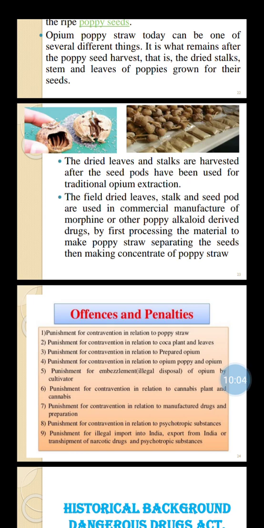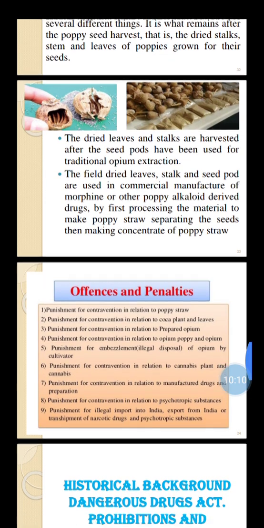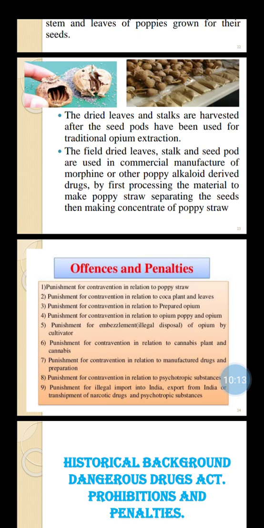Then punishment for embezzlement, illegal disposal of opium by cultivators. Punishment for contravention in relation to the cannabis plant and cannabis. Punishment for contravention in relation to manufactured drugs and preparations. Punishment for contravention in relation to psychotropic substances. And punishment for illegal import into India, export from India, or transshipment of narcotic drugs and psychotropic substances.